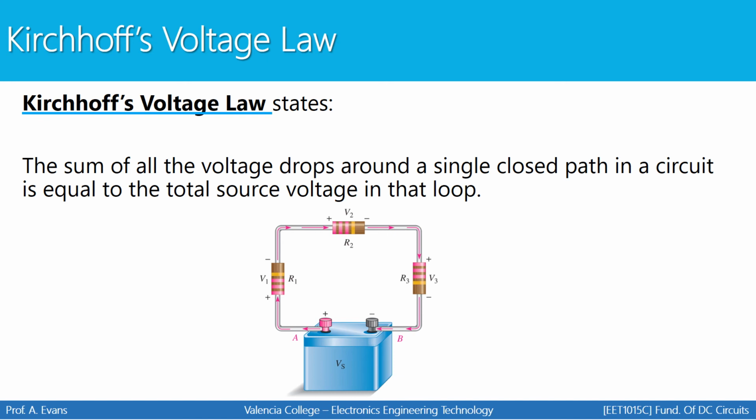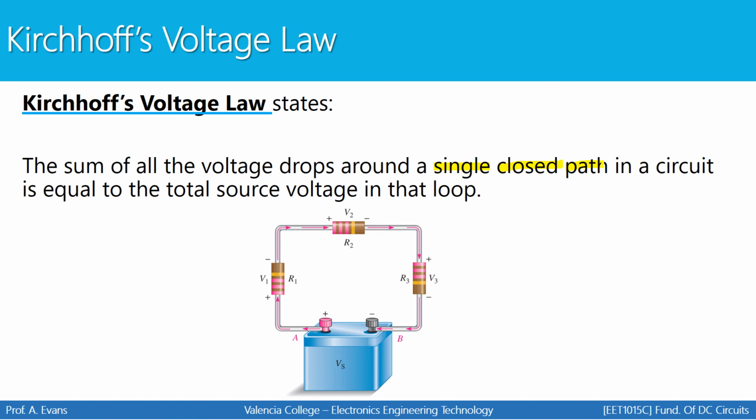Next, we're going to learn a new law. It's called Kirchhoff's voltage law. And here's what it says. The sum of all the voltage drops around a single closed path in a circuit is equal to the total source voltage in that loop.